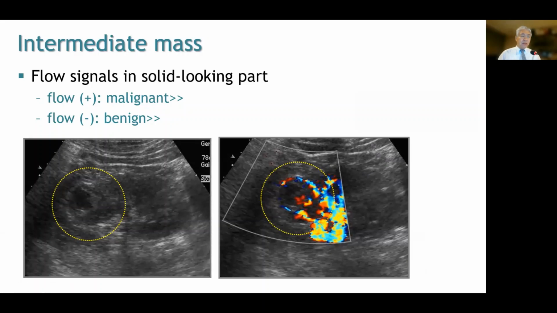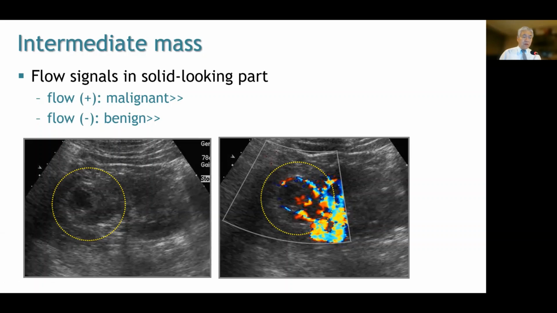Sometimes the renal mass has an intermediate appearance between a solid and cystic mass. And here's an example case that shows a central cystic portion and a solid-looking periphery. In a mixed cystic and solid mass like this case, the flow signals in the solid-looking part are important.